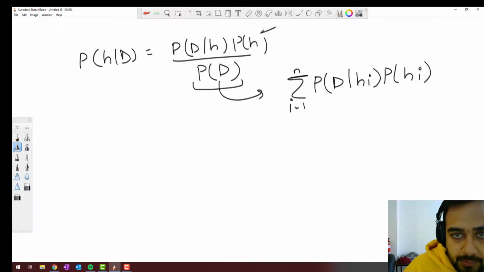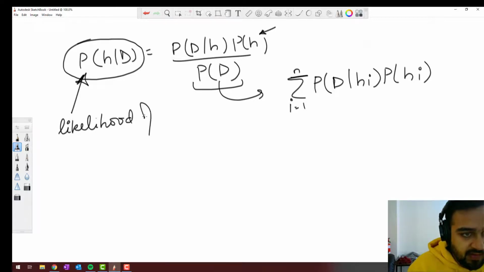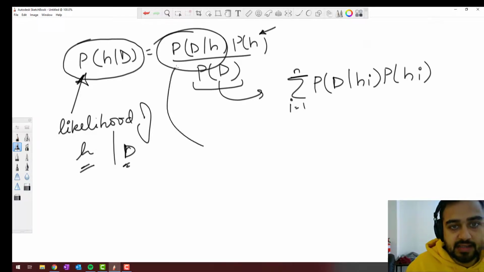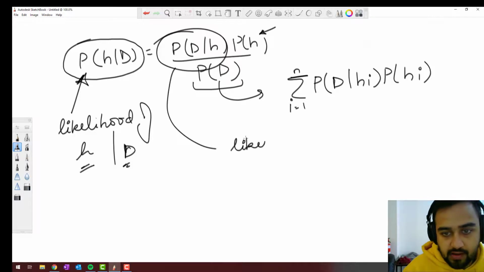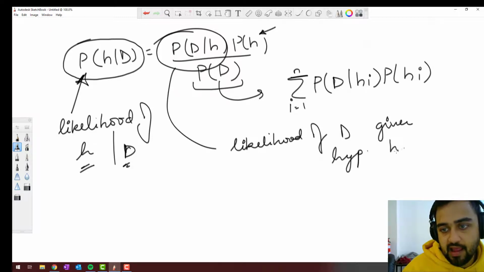And this is for a particular hypothesis H. Now, I just want to introduce a few terms. What is this? This is a posterior probability, that is true, but this is also called the likelihood of H given the data D. Similarly, this is also called the likelihood of D given hypothesis H.